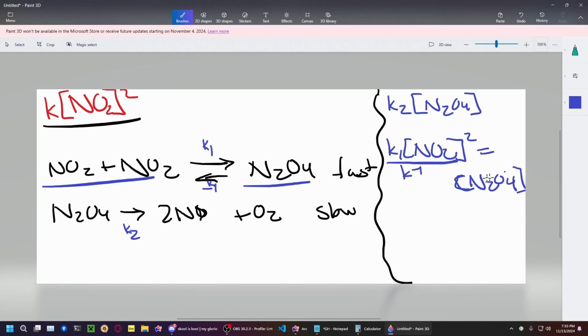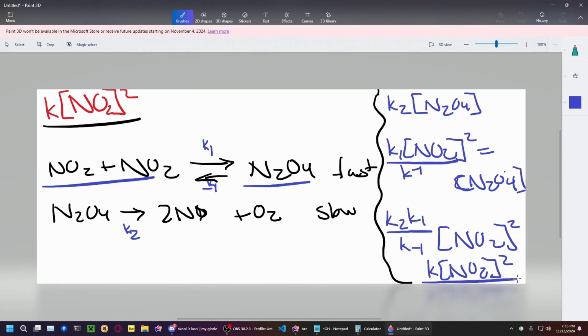And then I can say that my overall rate is just K2 times K1 over K inverse 1 times NO2 squared. And because I know that this is just the overall rate constant, I can just rewrite this as K NO2 squared. And this is consistent with this. So therefore, this is also a feasible mechanism proposal.